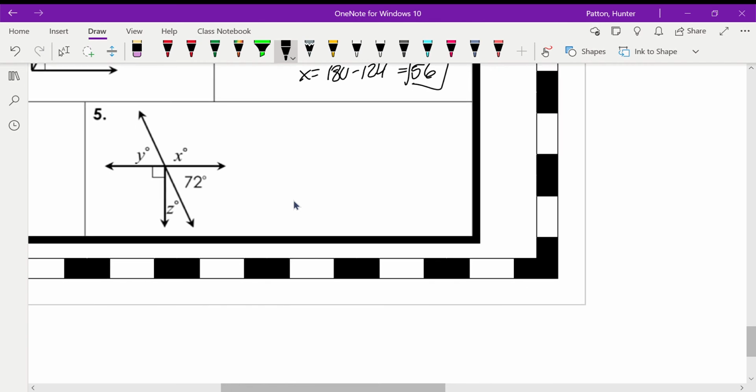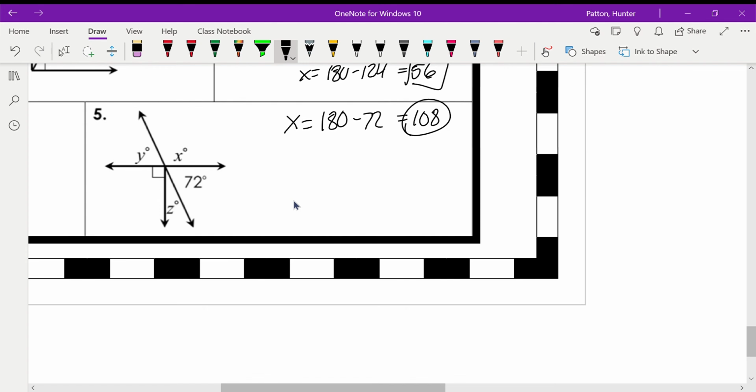Lastly, right here. First, notice that x and 72 degrees form a straight line, so x is 180 minus 72, which is 108.